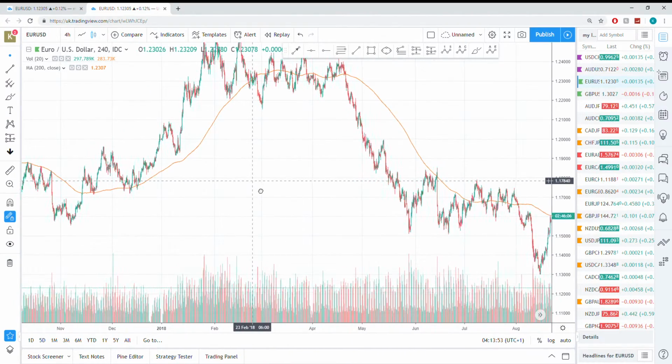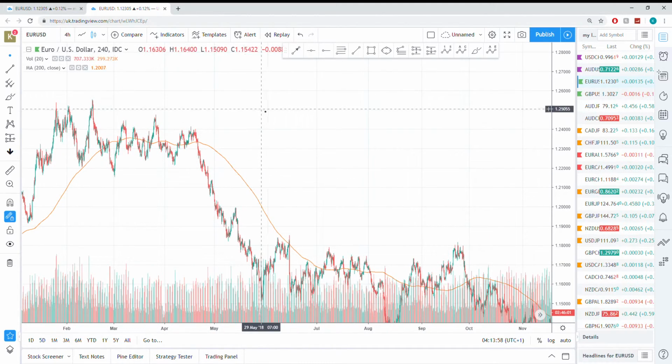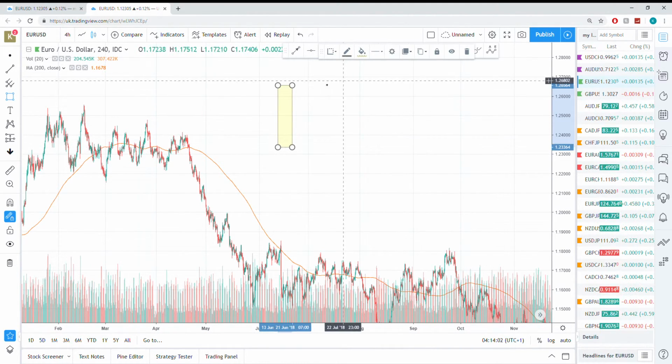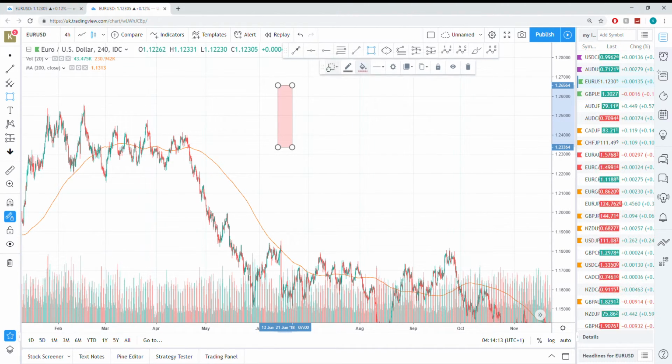An engulfing candle, for those that do not know, I'm going to try to quickly draw it. An engulfing candle is like this, and I'll just do it for this purpose, like that, and do another rectangle.